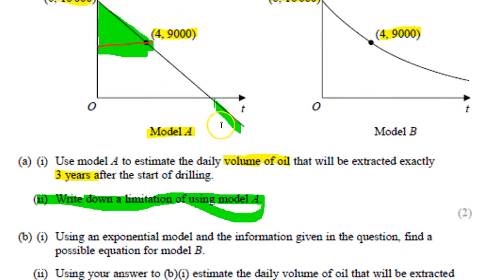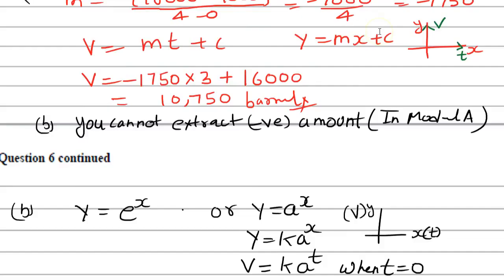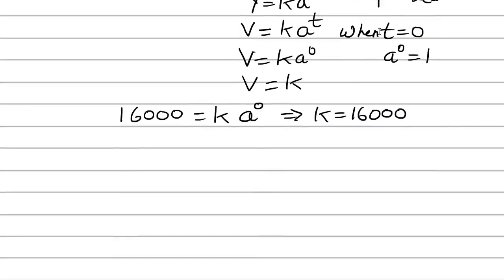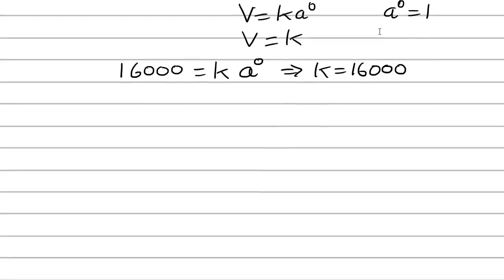Now when volume is 9,000, we are taking the second equation here. If you see here 9,000 at time 4, we are considering this. So 9,000 equals k, a to the power 4, because 4 is given, 9,000 is given. We are going to calculate a.